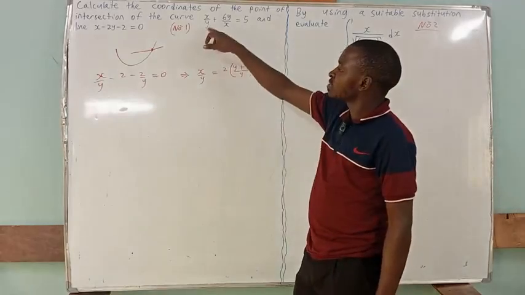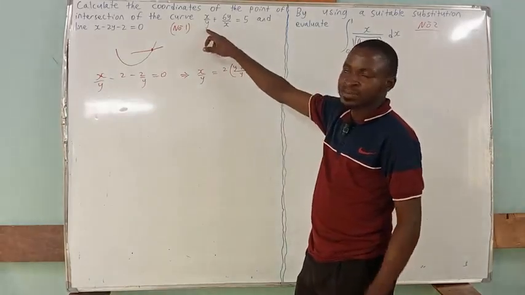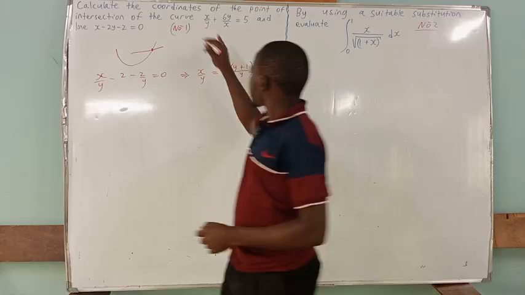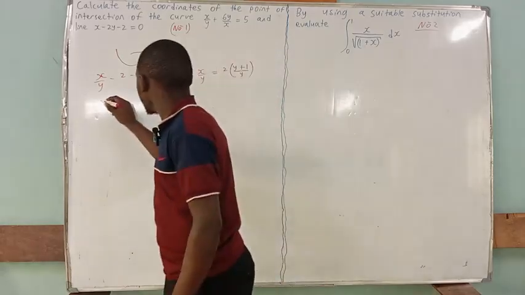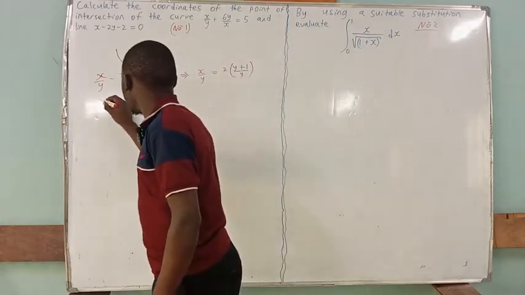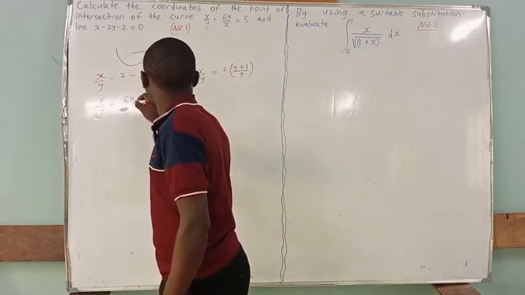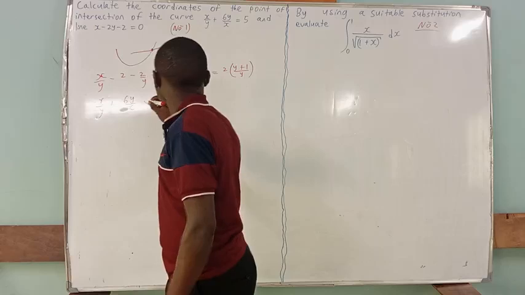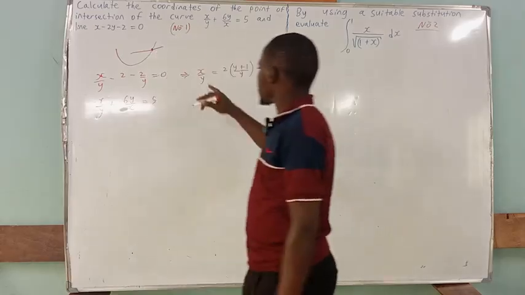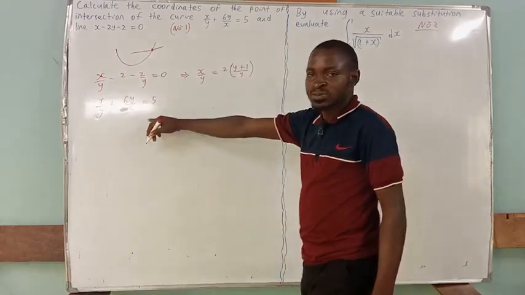So I'm going to substitute it here. I get x over y plus 6 y over x is equal to 5. Substitute this in this equation.